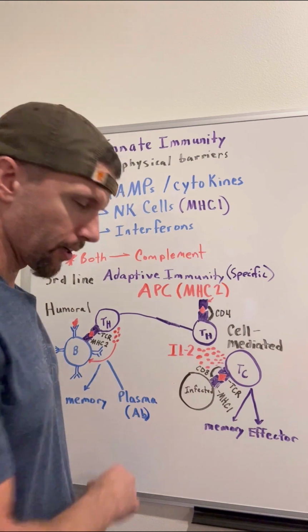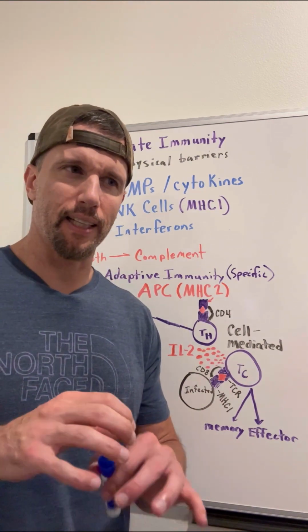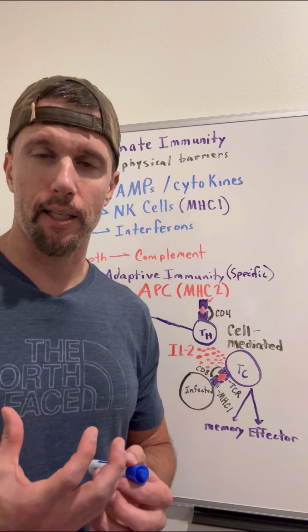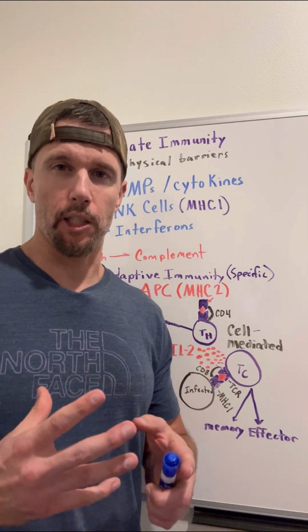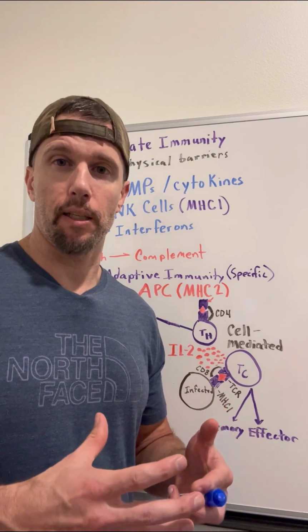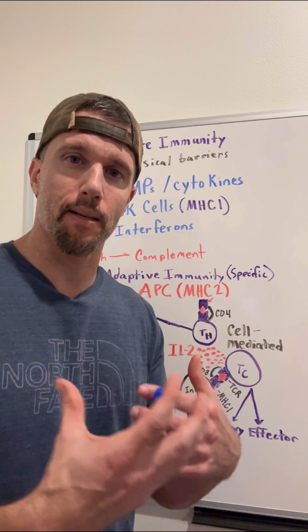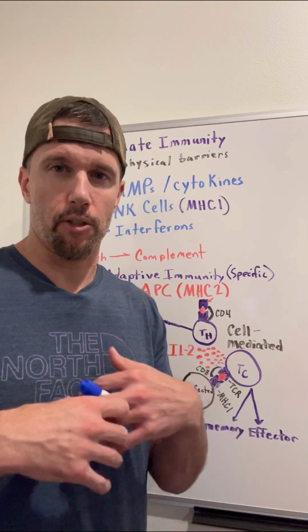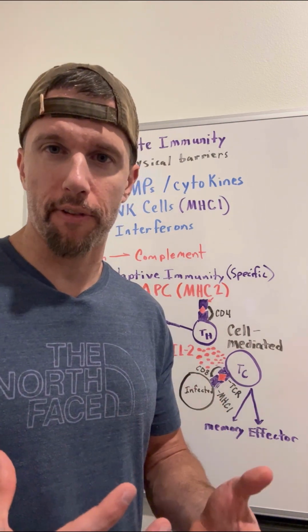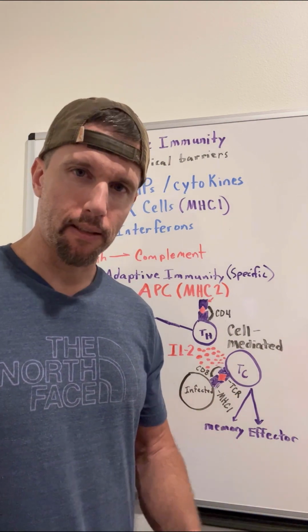So plasma cells, it's interesting, if you look at a plasma cell, it has extensive rough endoplasmic reticulum. If you remember from cell biology, the rough endoplasmic reticulum in particular is where our proteins are processed and made. So if you look at these cells, they're just chock full of rough ER because they're making so many proteins, so many antibodies.